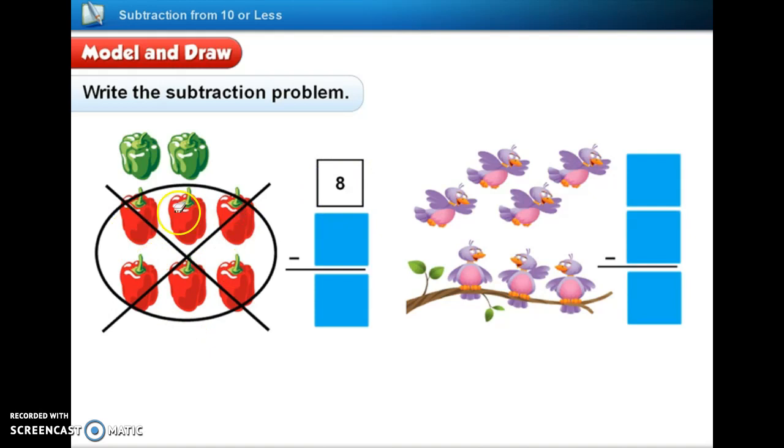All right, how many peppers did we circle and cross off? So how many peppers did we minus? Let's count. 1, 2, 3, 4, 5, 6. Yes, 6. So 8 minus, write the number 6.